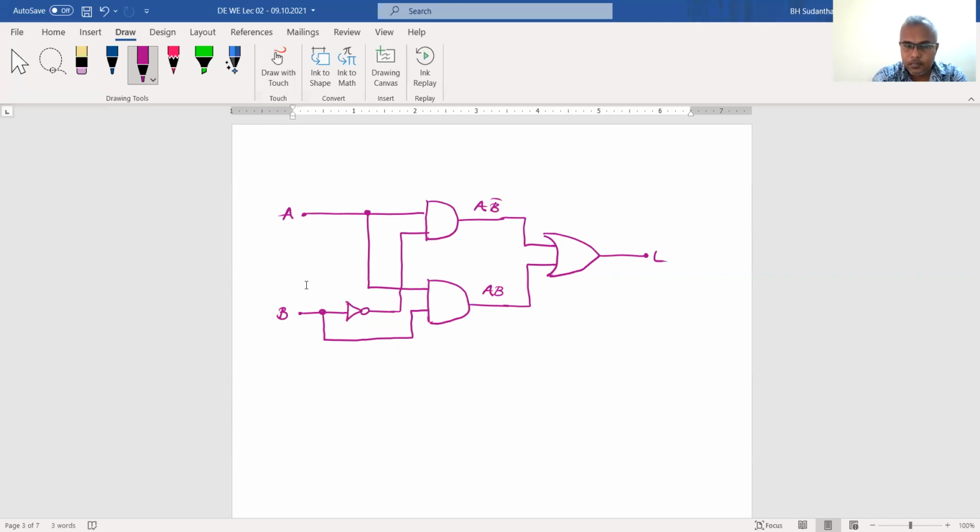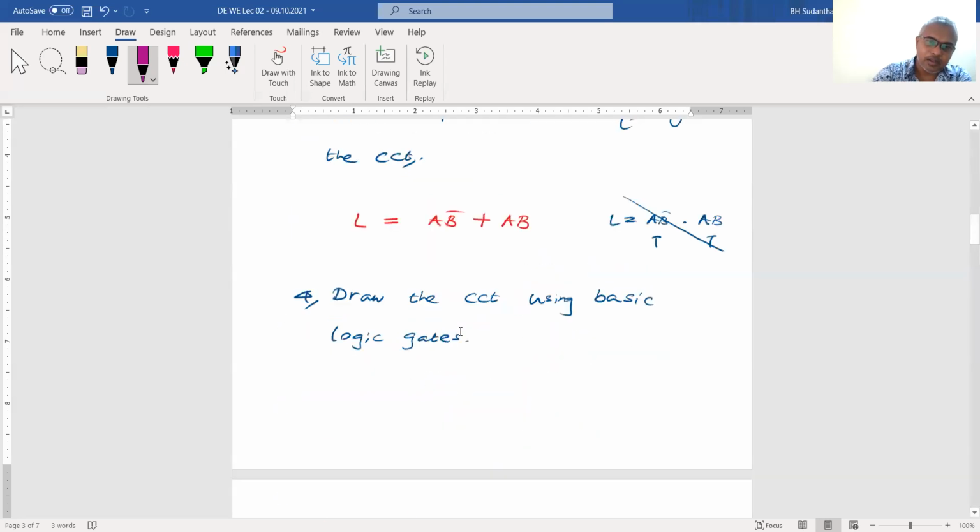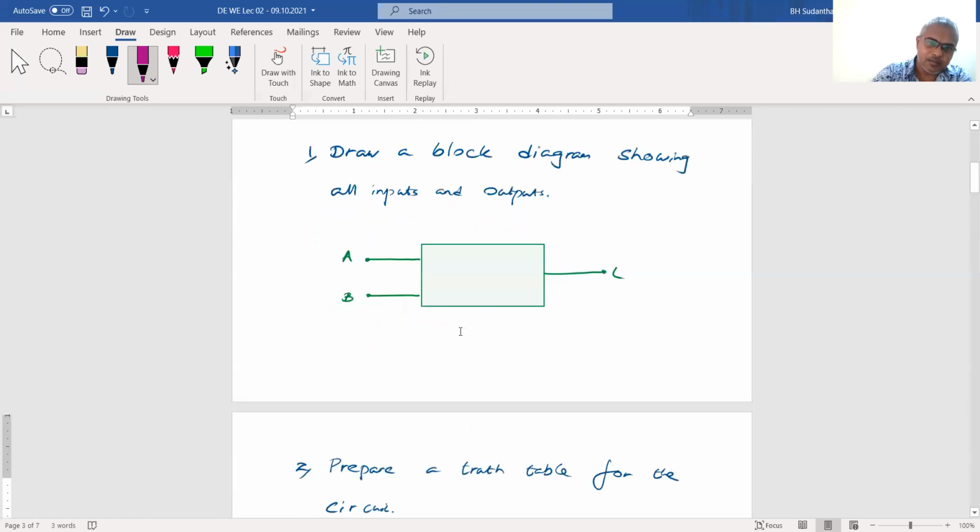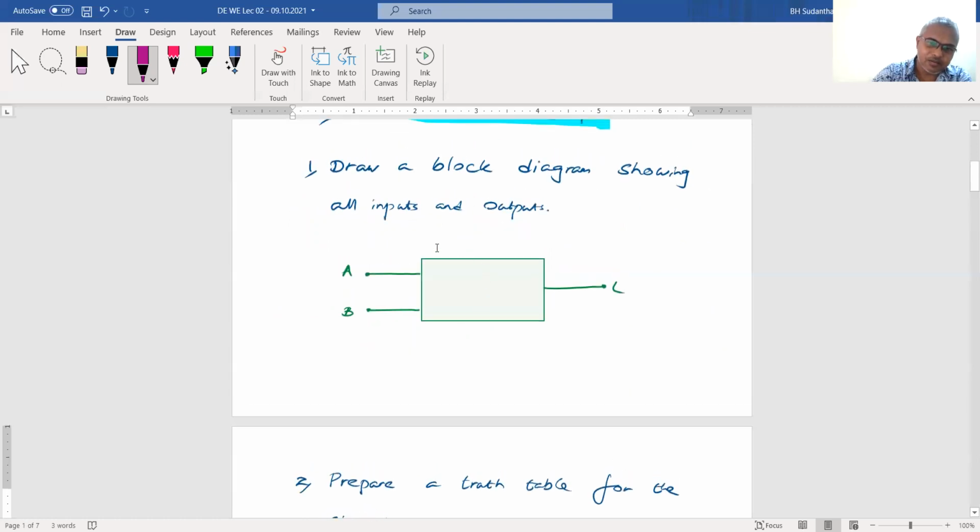Excuse me, sir, what is the objective of drawing the block diagram? As I mentioned at the very beginning, it's obvious that you don't need this one here. But when you draw this, in this case you have only 2 inputs and 1 single output.